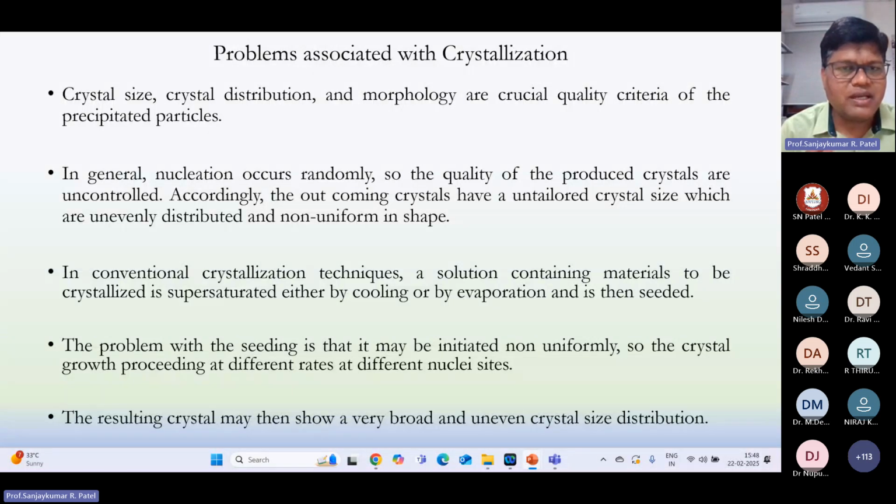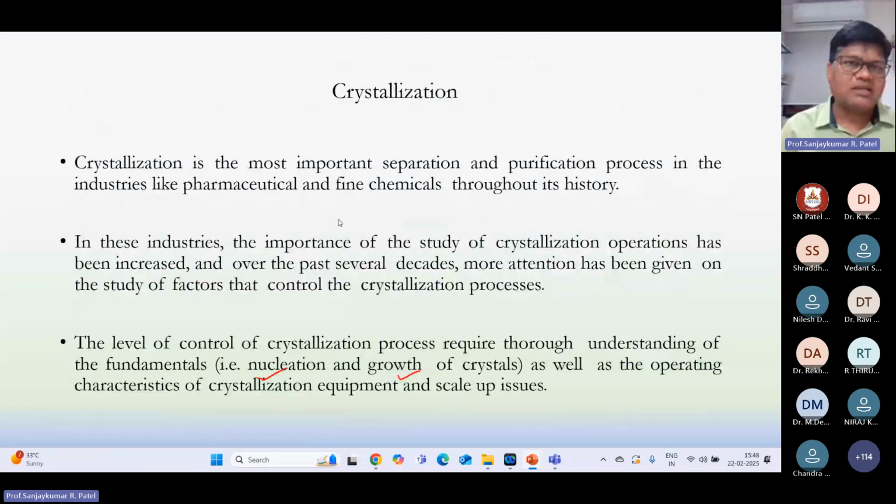So by controlling the nucleation phenomenon, we can control the crystal size, and by controlling the growth rate of the crystal, we can also control the morphology. So the most important problems are the crystal size and its distribution, as well as the morphology. Correct.